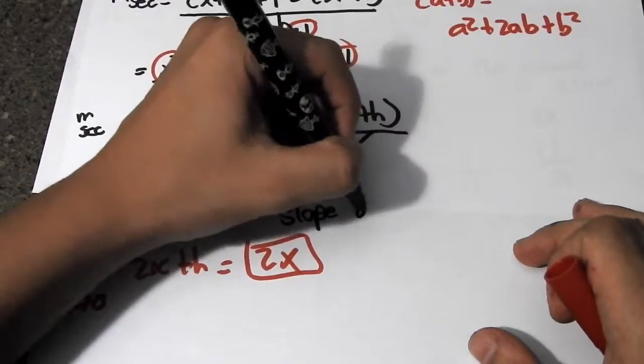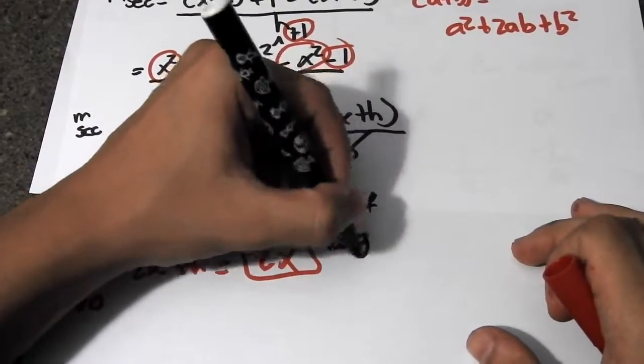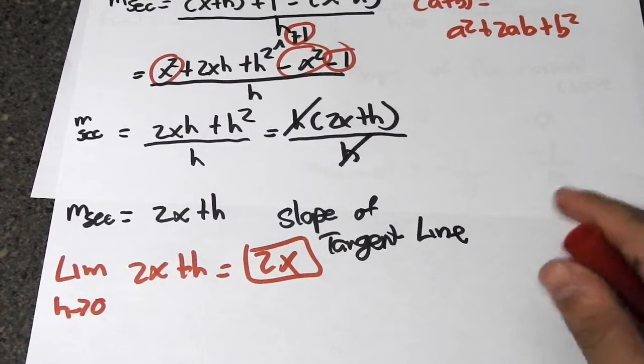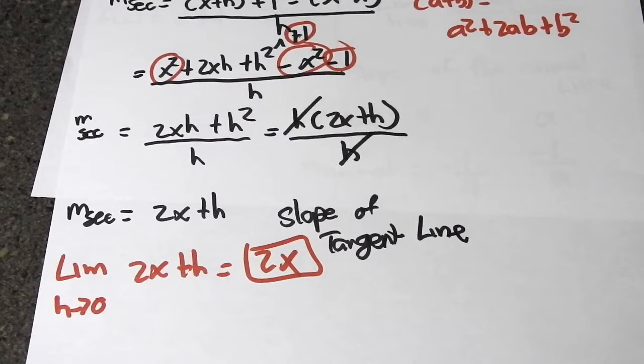Slope of the tangent line. So now we have the formula for the slope of the tangent line. We're asked for the equation of the tangent line though, so we're going to need a point to get the equation of a line.